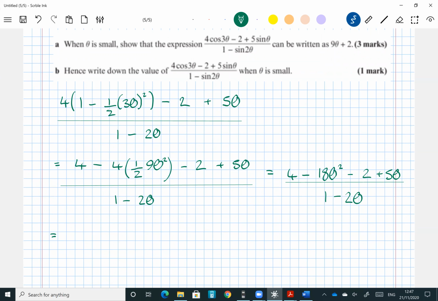Equals. So 4 take 2 is 2. Plus 5 theta. Take 18 theta squared. All divided by 1 minus 2 theta.